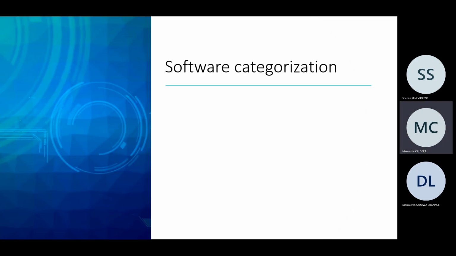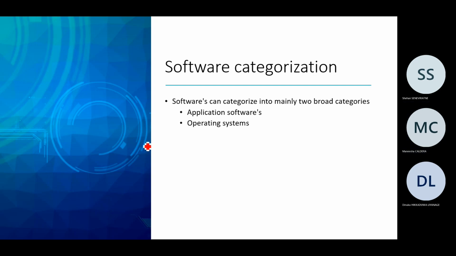Right. So the software categorization, as you are already aware, has application software and operating systems as the major divisions of software. At a high level, an operating system is a computer program that controls hardware and software in the system.